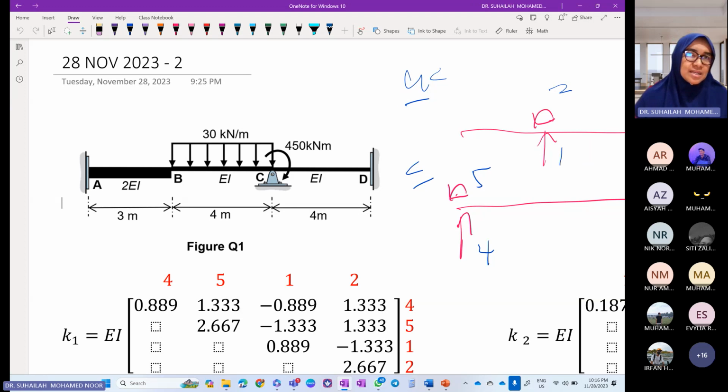In this case it is equal because it is UDL. UDL is just a rectangular shape, so it is symmetrical. That is why we get the moment at B and the moment at C, by using the fixed end moment, fixed end reaction formula, the same value because it is symmetrical.